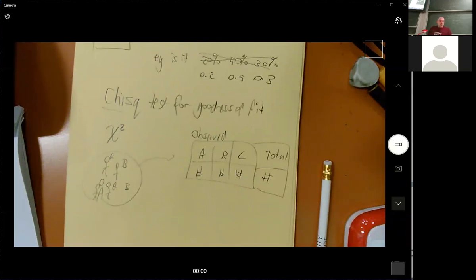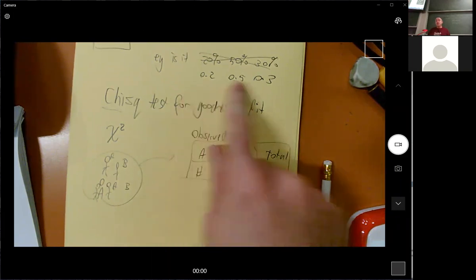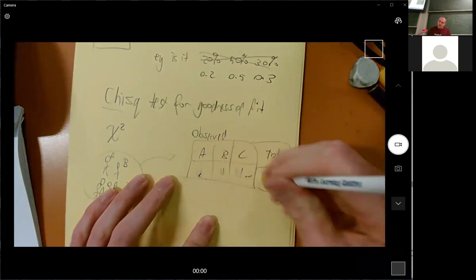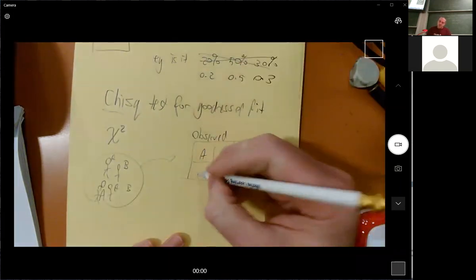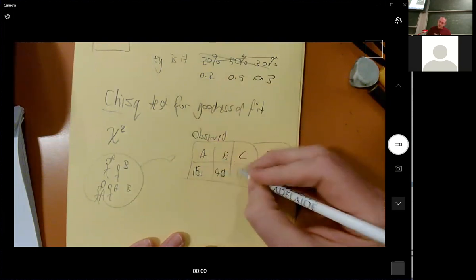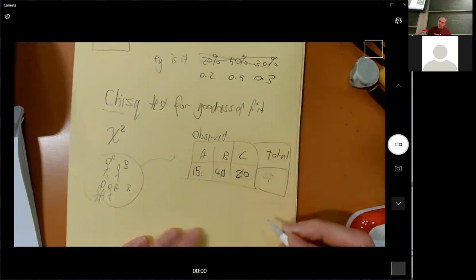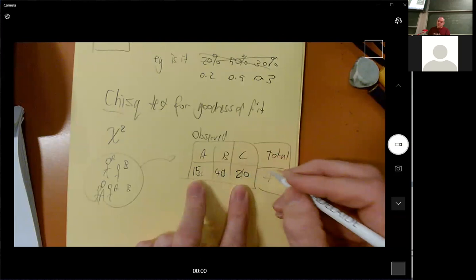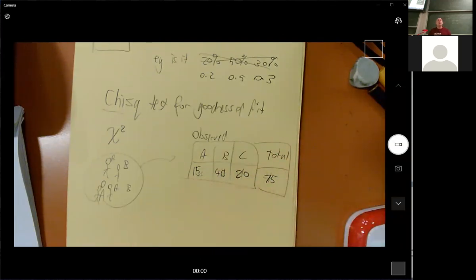And then you compare that to what you would have expected to see if, in fact, the proportions were what you thought they would be. So if it really is 20%, 50%, 30%, I'm just going to do an example, I'm going to stick some numbers in. Maybe there's, what do we got? 40, 50, 60, something like that.